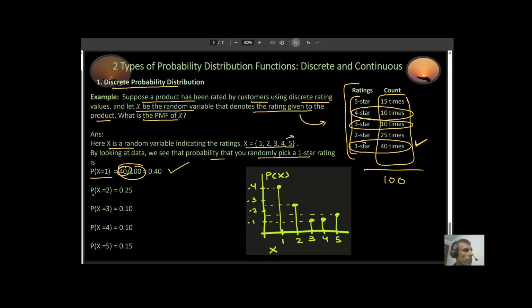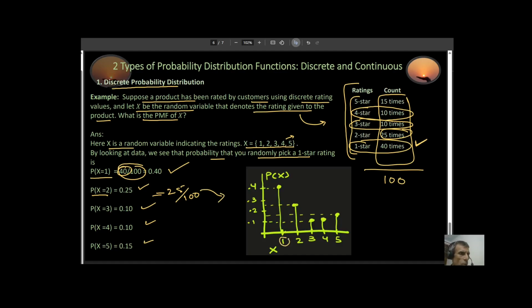Likewise, what is the probability that you randomly pick a rating with 2 star? The answer is 0.25. Same thing, you take 25 and you divide 25 by the total number, and the answer is 0.25. Likewise, I calculate this, this, and this. Now I'm plotting that over here. This way it gives me a little pictorial representation.